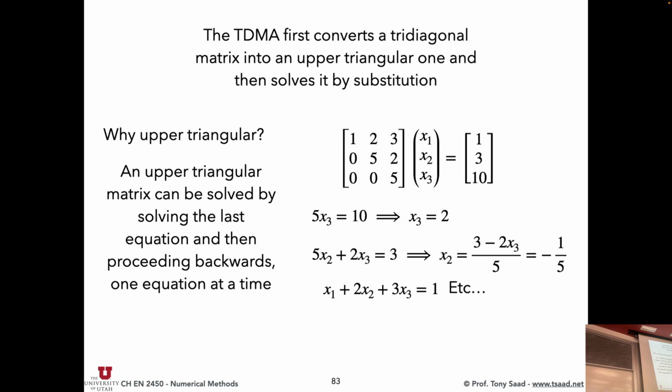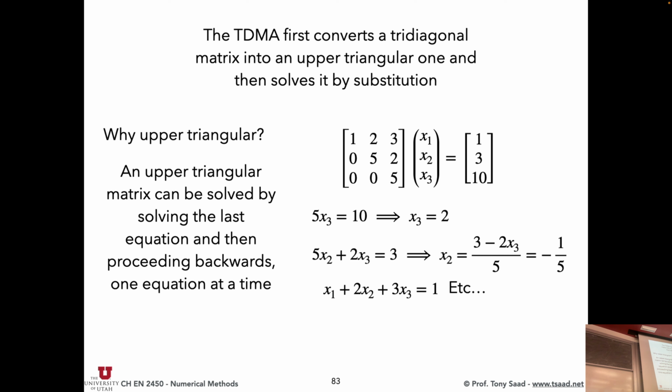For this system, you can solve it by backward substitution. What that means is we start by solving the last equation, which is 5x3 equals 10. You get x3. Then you go to the next one from the bottom, which is 5x1 plus 2x2 equals 3, plus 2x3 equals 3. But you know x3, so you solve for x2. Now you have x2 and x3. You substitute them into the first equation, and you solve for x1.